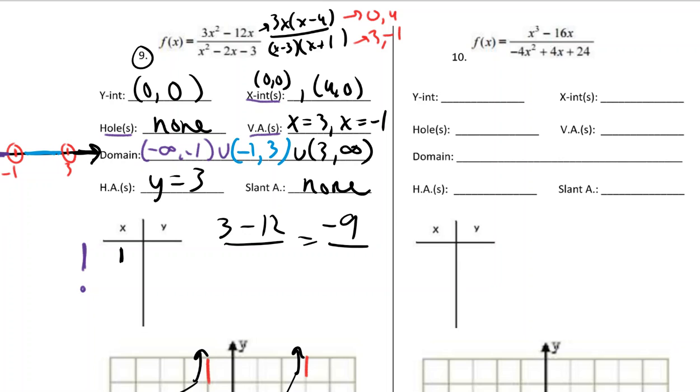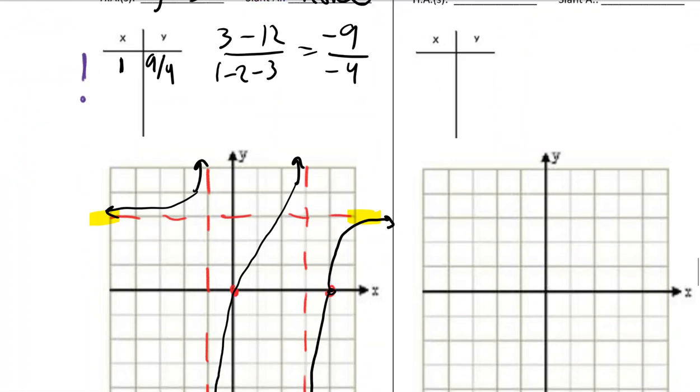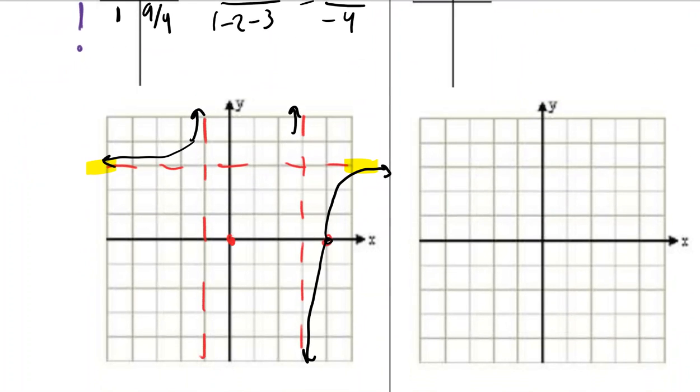You get -9 in the numerator, -4 in the denominator, so 9/4, which is a little bit bigger than 2. Now my graph's just a hair more accurate, but it confirms what I was expecting to happen.